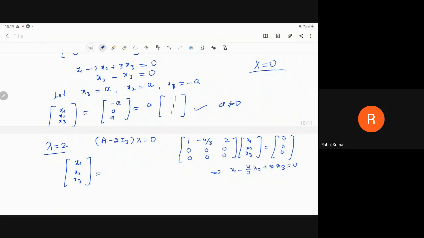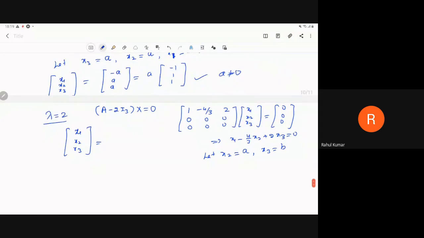So in this case, how to write the eigenvector? No problem. Three unknowns, one equation. It means two variables you have to assume from your side. Say x2 equal to a and x3 equal to b. So what is x1 then? 4 by 3 a minus 2 times b.